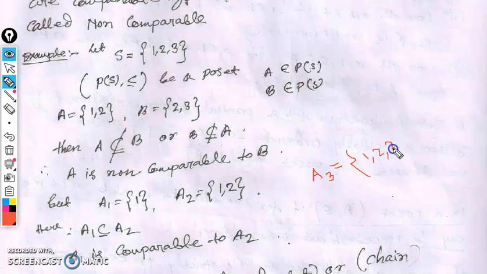According to the cover definition, A1 is a subset of A3, but we cannot say A3 covers A1. Why?